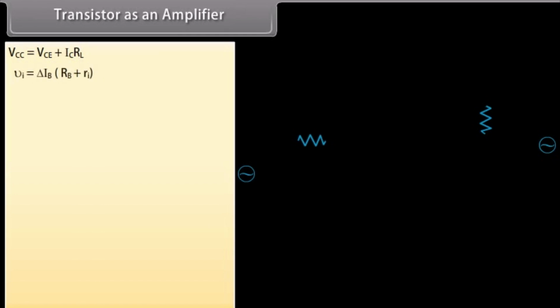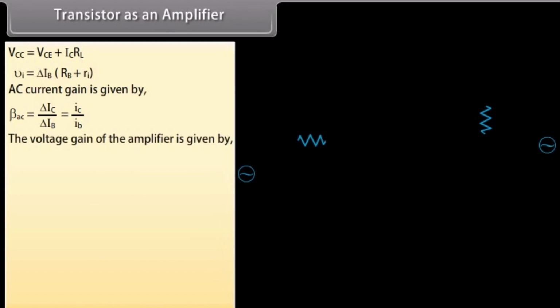Delta Vi is equal to delta IB multiplied by RB plus Ri. AC current gain is given by beta AC equal to delta IC upon delta IB. The voltage gain of the amplifier is given by AV equal to delta VCE upon Ri delta IB, or it can be written as AV equal to minus beta AC RL upon Ri.